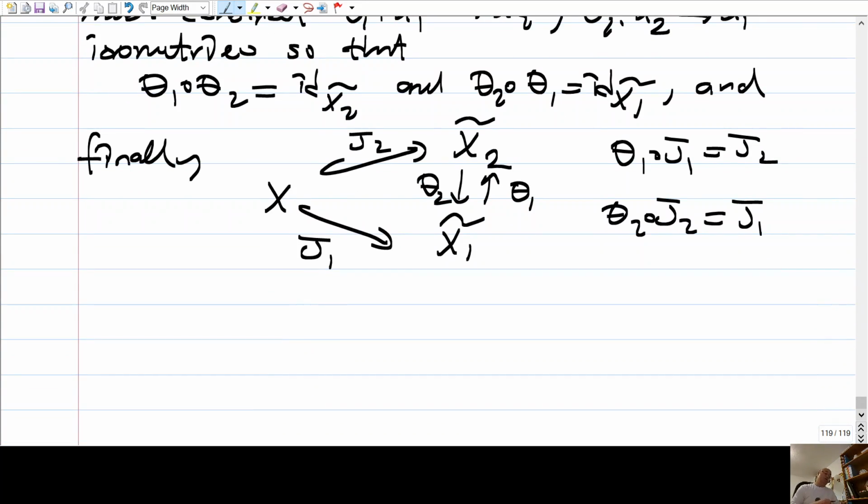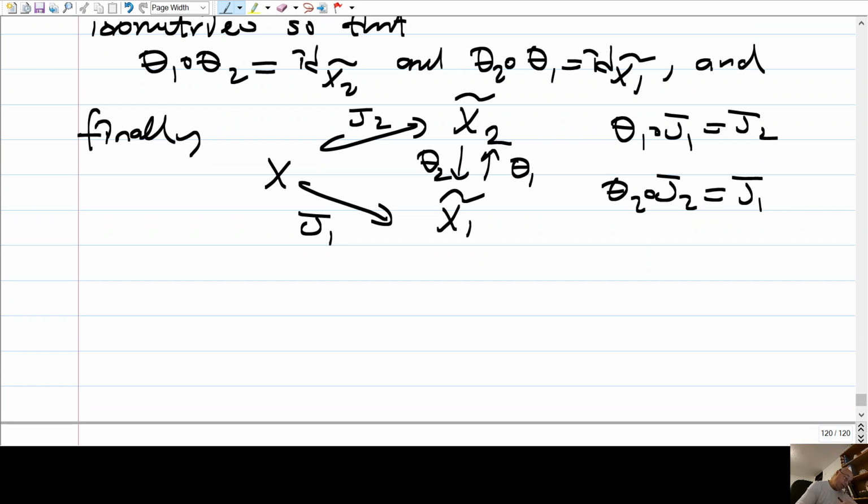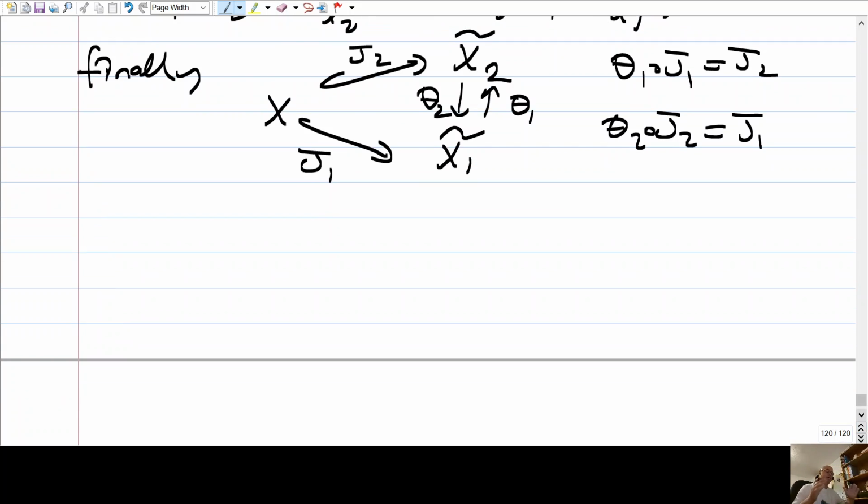How can I construct theta 1 and theta 2? Well, we will do it this way. Remember, we spent a lot of time to prove the existence of an extension of a uniformly continuous function, right?